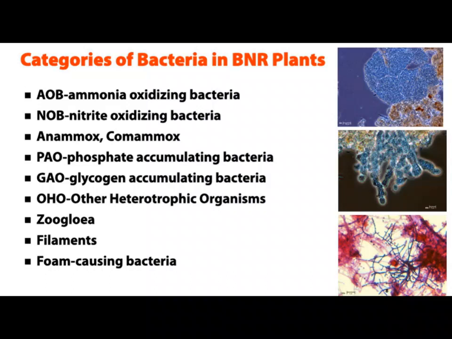GAO is a glycogen accumulating organism. Well, who cares about GAOs? Well, the only reason we give them so much attention is because they like to eat the same things that PAOs do. They're looking for basically the same lunch. But the glycogen accumulator doesn't store phosphorus like the phosphorus accumulator does.